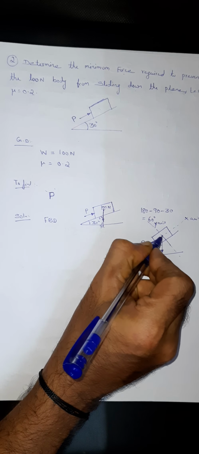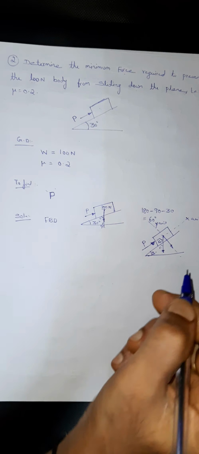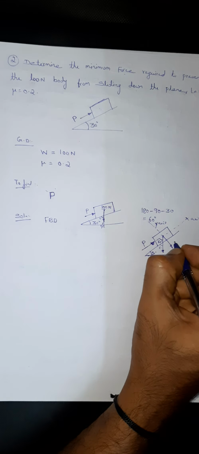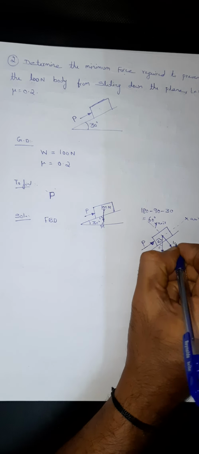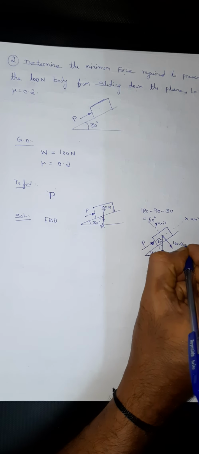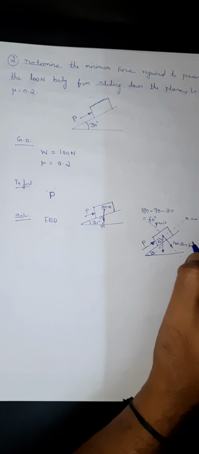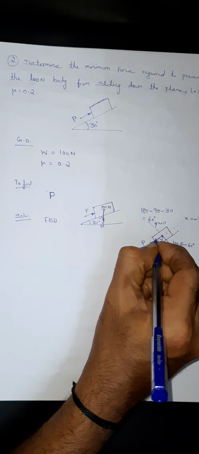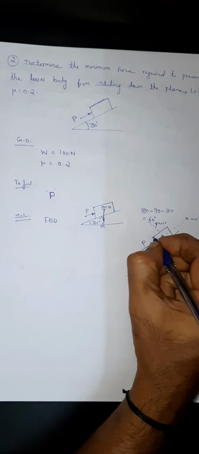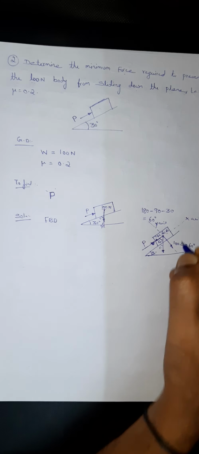So I am going to consider the vertical component, which is 100 sine 60 degree, and the horizontal component as 100 cos 60.